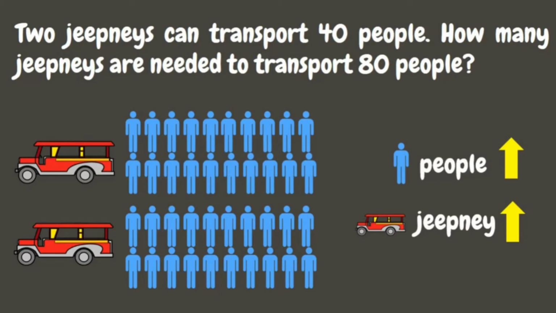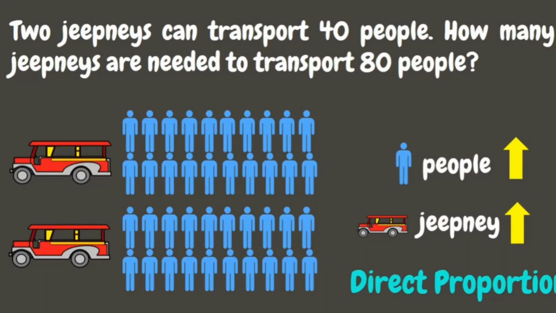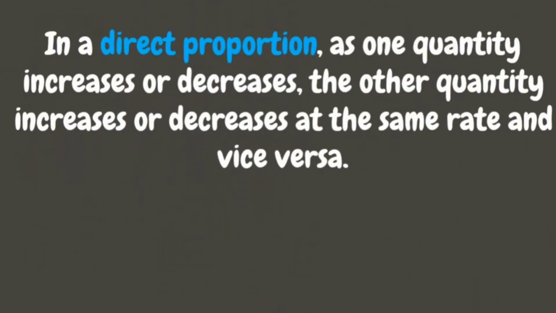Note that the arrows are pointing up, showing that when the number of people increases, the number of jeeps also increases. This is an example of direct proportion. In the same way, if the number of people decreases, the number of big cars also decreases. This is called direct proportion.